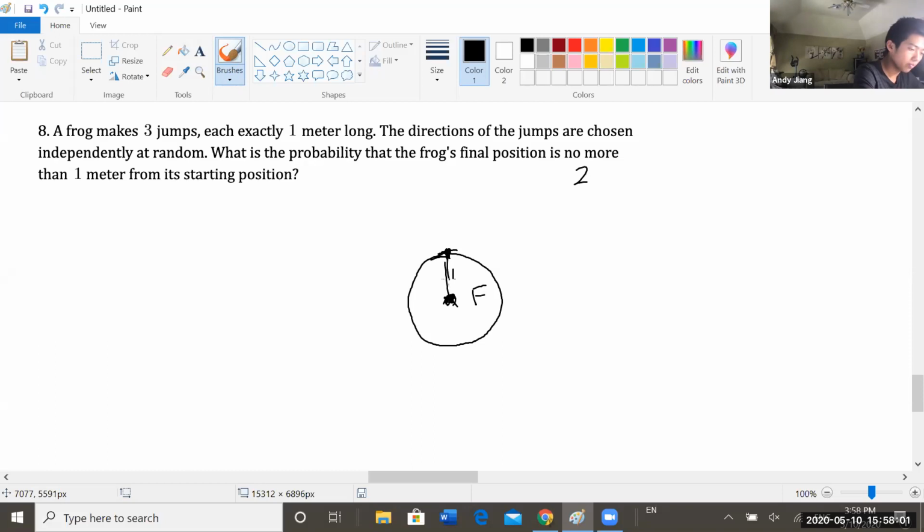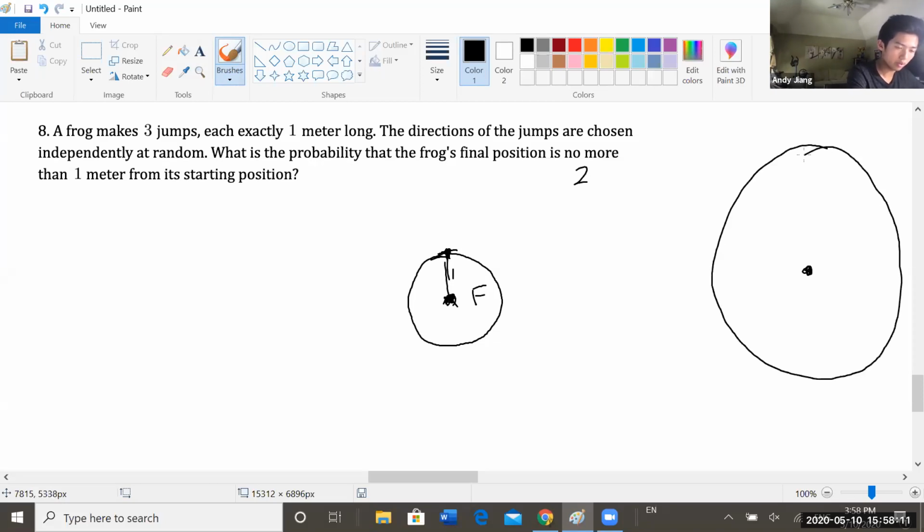Now with these 2, I'm just going to think of it as 1 jump, because the trick here is to notice that within a circle of radius 2, if I try making 2 jumps of radius 1, then every point inside the circle is equally probable. If I choose a point over here, there are 2 ways to get to it: I either go like that or I go like that.